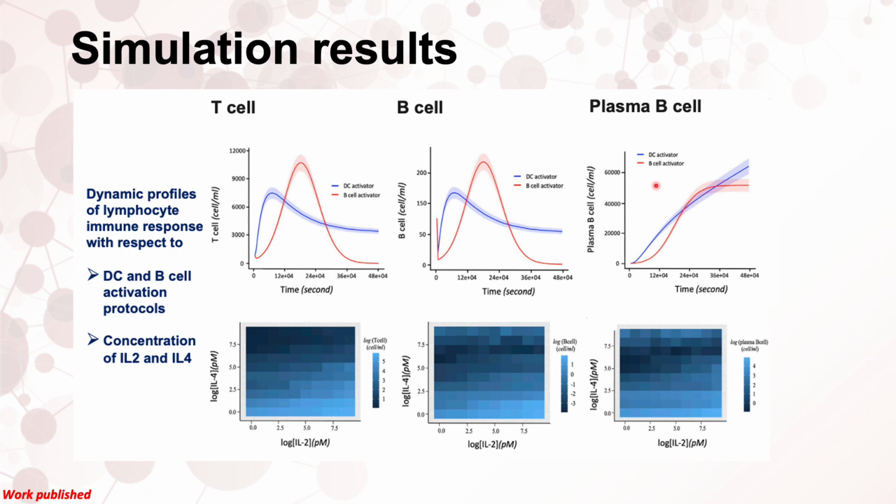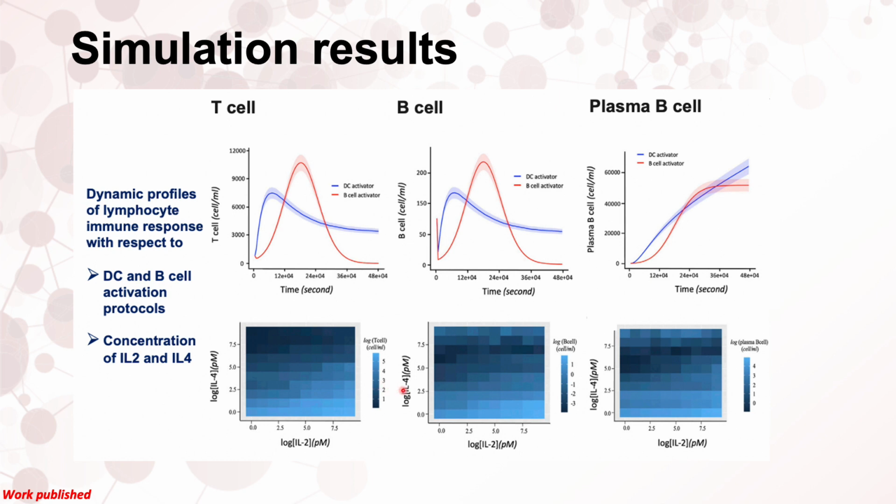Also, the proliferation level of plasma B cell reaches steady state early when the activation mechanism is regulated by the B cell agent. Also, the proliferation level of T cell, B cell, and plasma B cell entirely depends on the interaction between the cytokines IL-2 and IL-4.